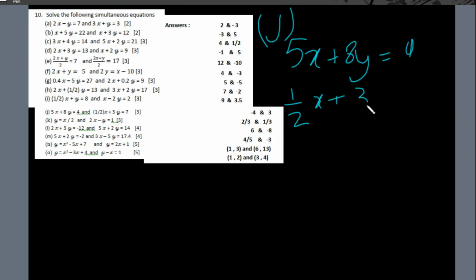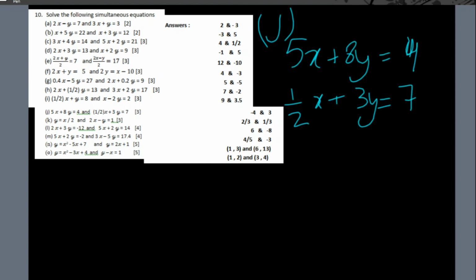Okay, this was part H. Part I is more or less the same, and part J, let's do part J, which is 5x plus 8y equals 4, and then half x plus 3y equals 7.